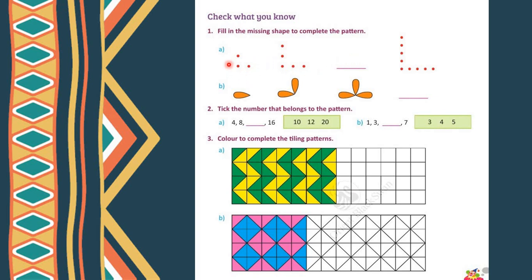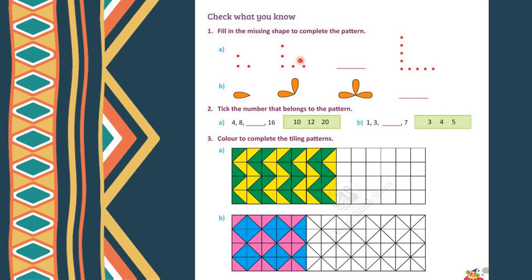So, in the first pattern, you may observe that there are 3 dots drawn in the shape of L. And then that shape grows in the second L as 1 dot is increased in the vertical line and 1 dot is increased in the horizontal line. And then how can you find out the pattern?